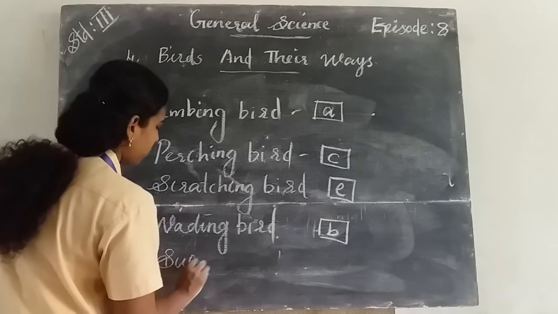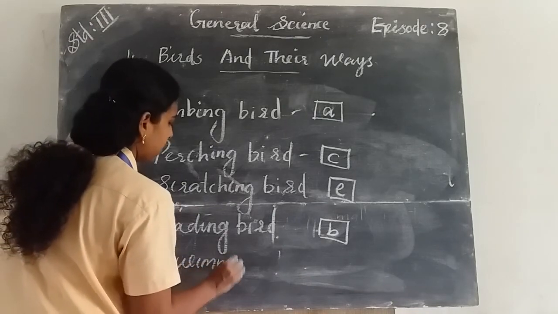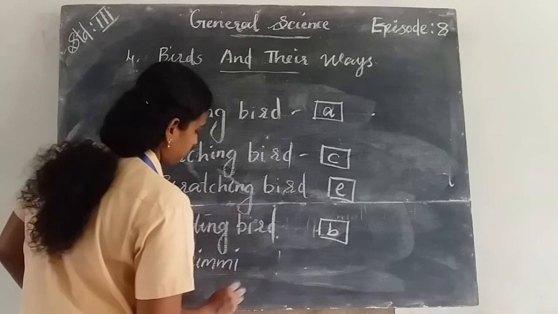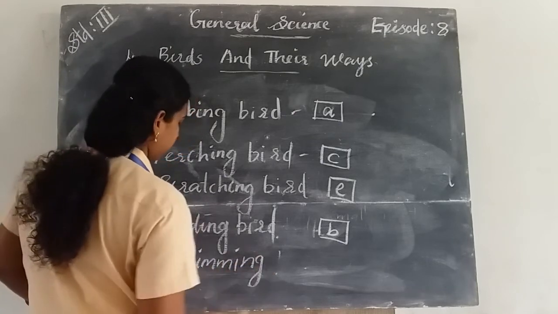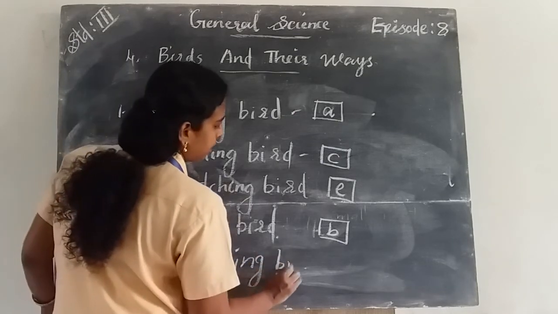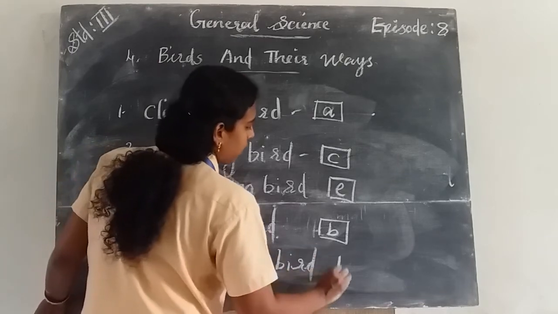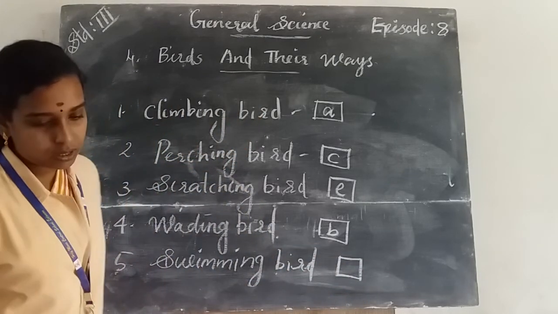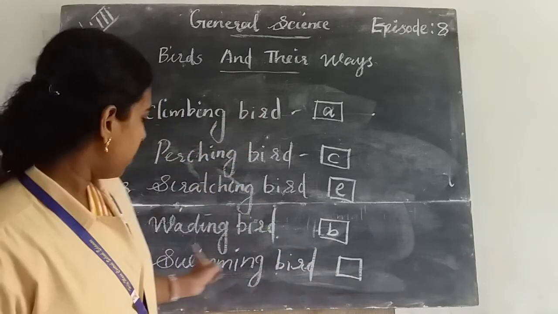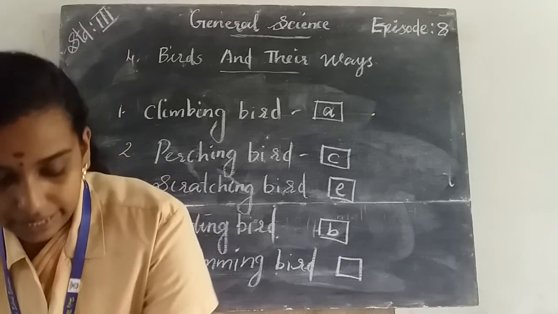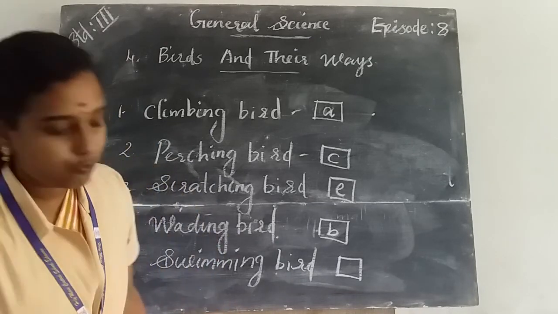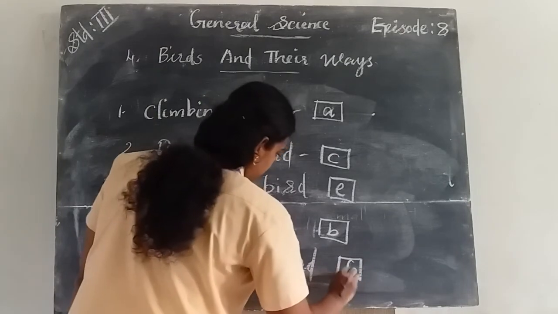And next one, fifth one is swimming bird. Swimming birds have webbed feet, and the three front toes join together to form webbed feet, which help them to swim on water. So which of the following letters shows a swimming bird? Here F shows duck. So F is the correct answer, right?